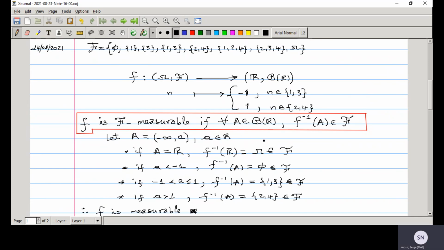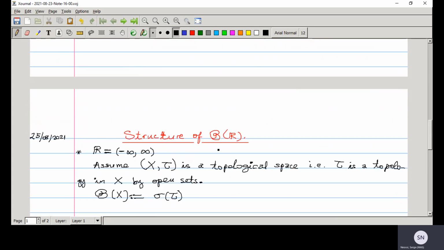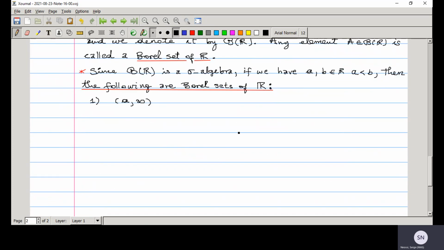Because when you say for any a, you will cover R. So I could have also used this instead of the other one.